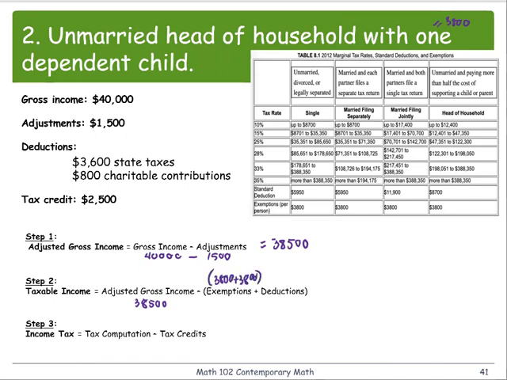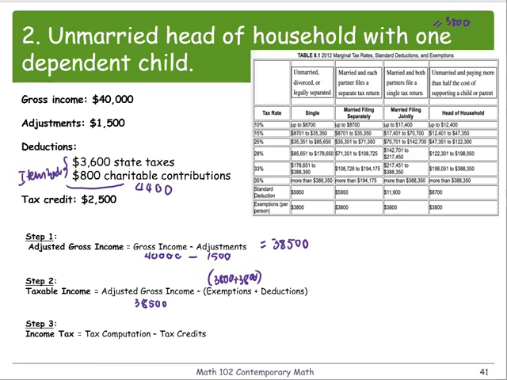For the deductions, itemized deduction, when we add these two items together, we get the value 4,400. So I'm gonna call this itemized deduction.